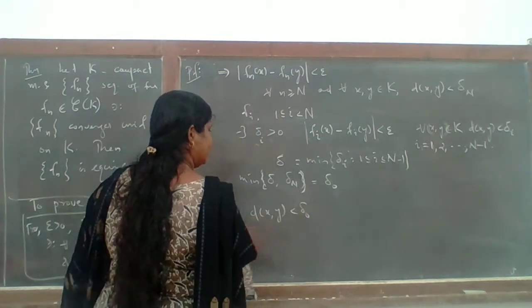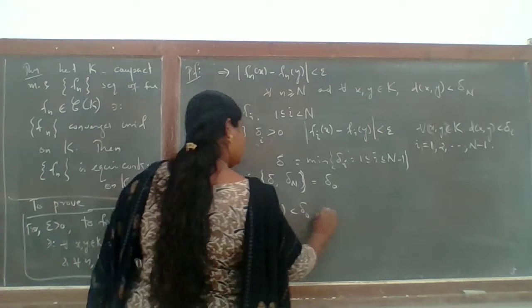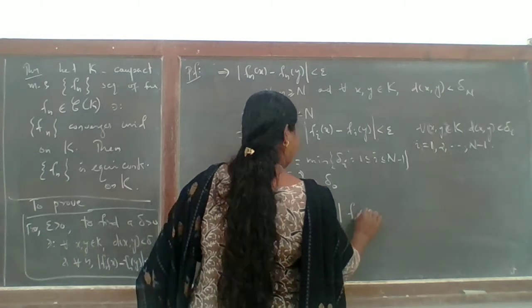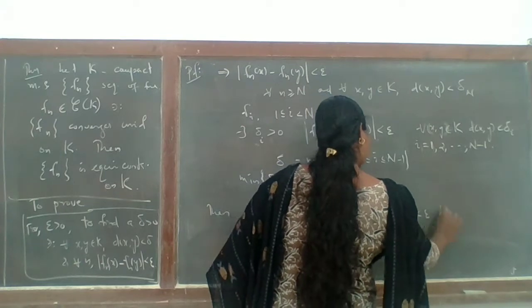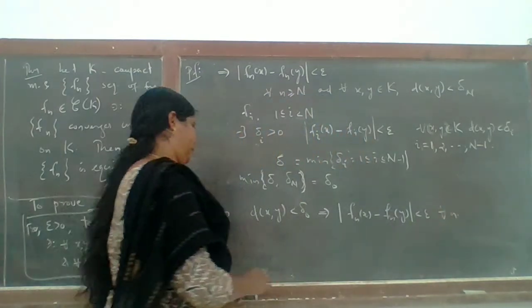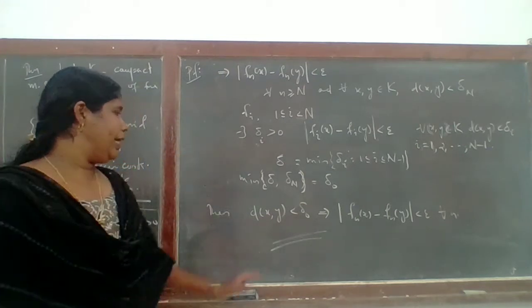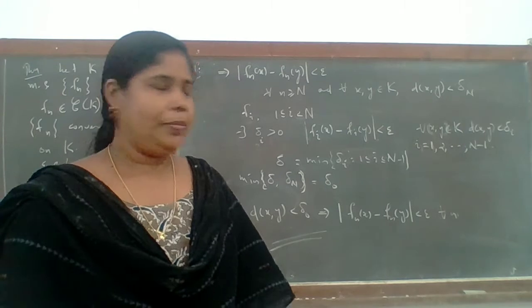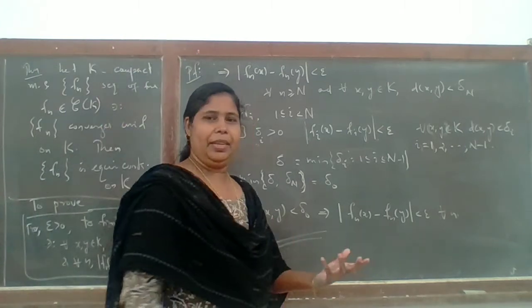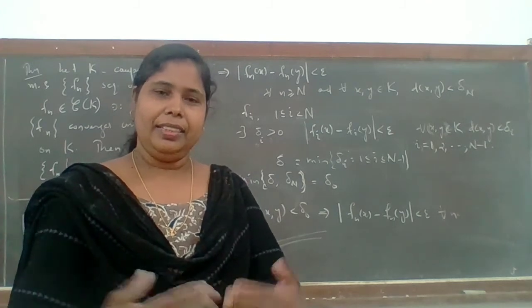For this delta_0, we then have modulus of f_n(x) minus f_n(y) less than epsilon for all these. Okay, and that proves it. So for this epsilon, we can find a common delta for all functions f_n at every place. Whenever x and y are at a distance less than delta, they remain close.